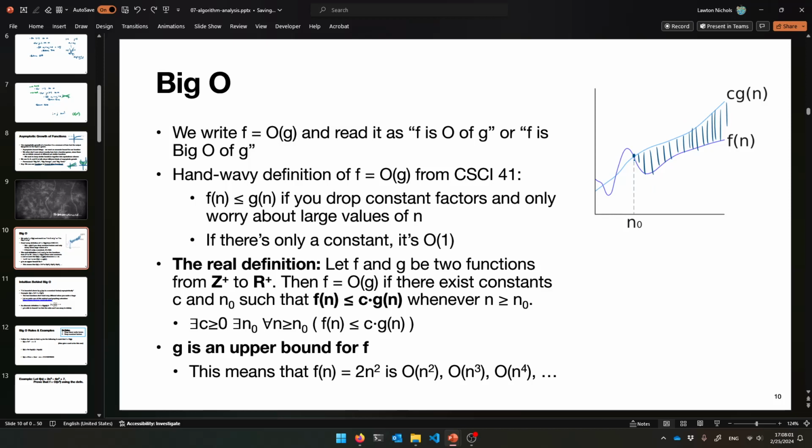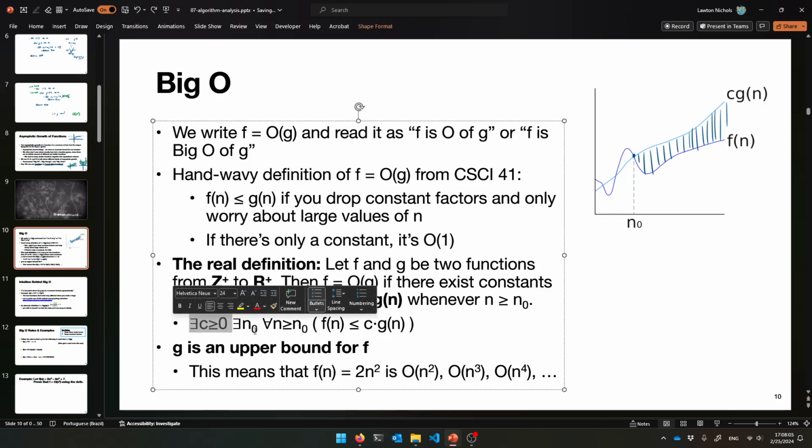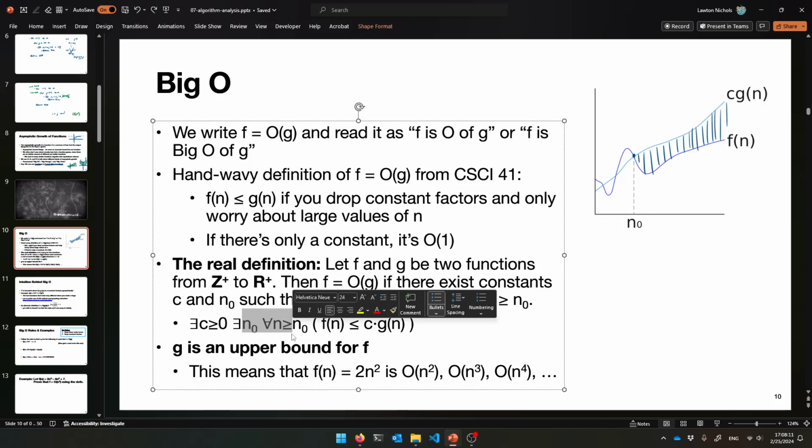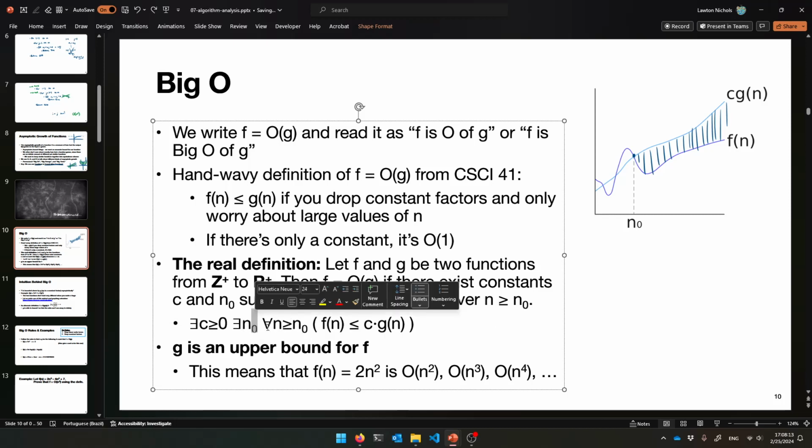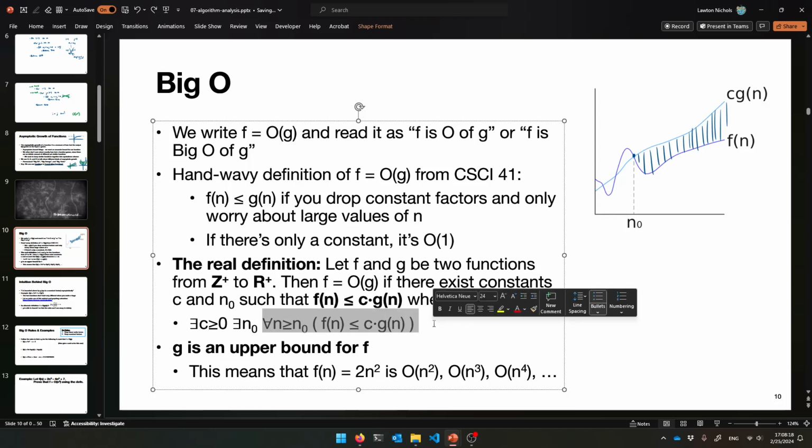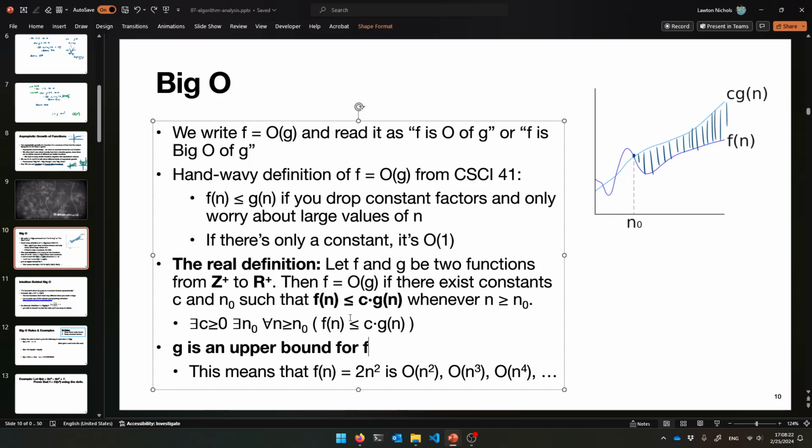In math, there exists a c that's greater than or equal to 0, there exists an n naught, but you need to pick these two such that it always works out for every n afterwards. Every n after the n naught, f of n is less than or equal to c times g of n, so it's always bigger after the n naught. So we say that g is an upper bound for f.